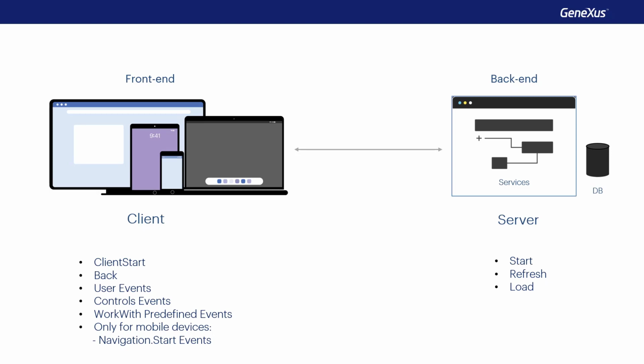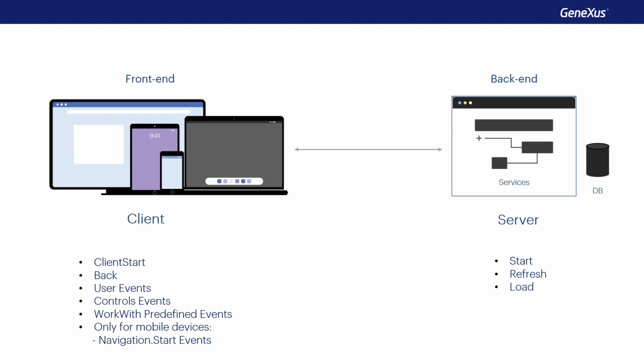The client-side events are client start, back, user-defined events, events associated with the screen controls, and also the events predefined by the work with pattern, which allows generating a series of panels that work with an entity.